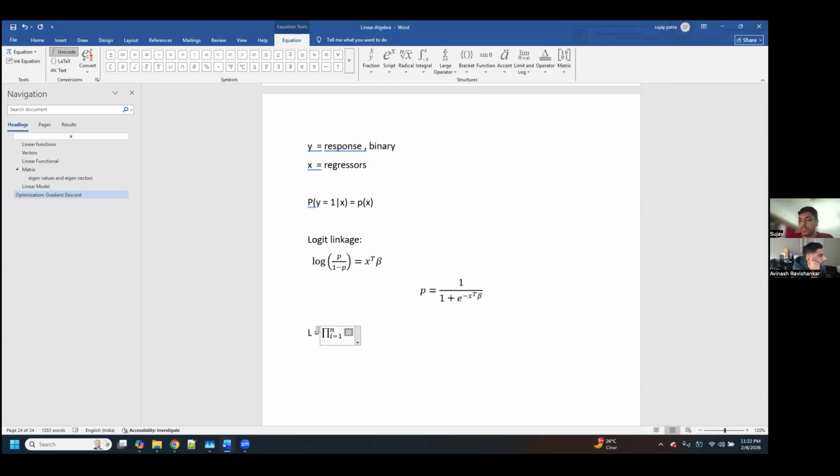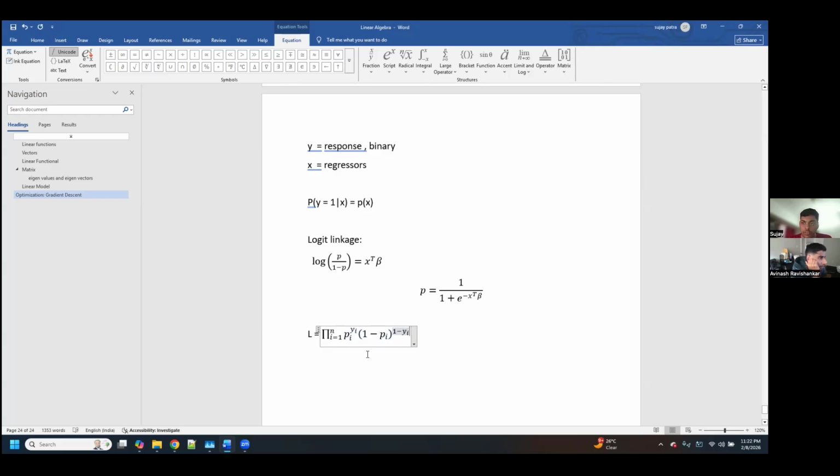If y equals 0, then I have to take 1 minus p, right? So one way of writing that is p_i power y_i and 1 minus p_i power 1 minus y_i. Bernoulli.